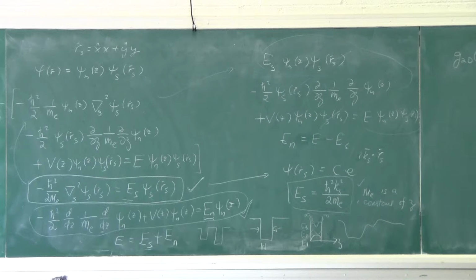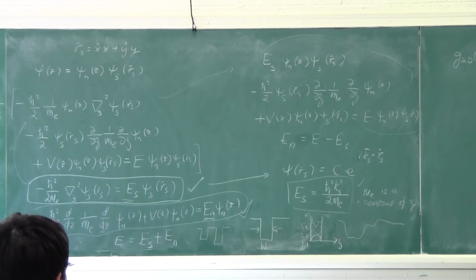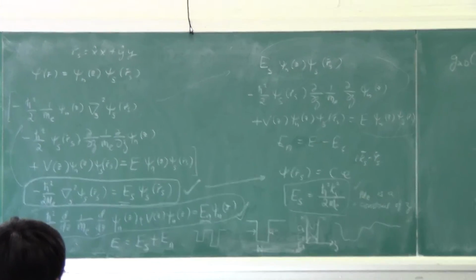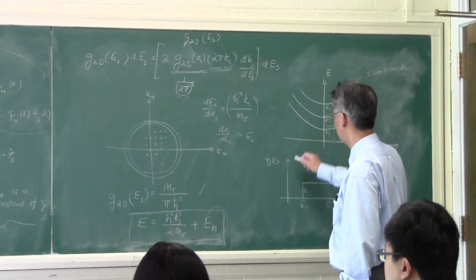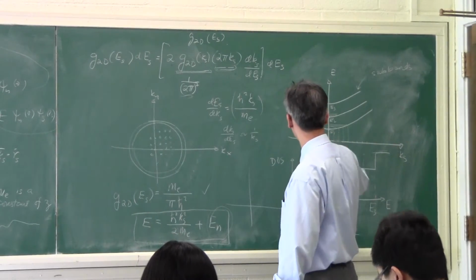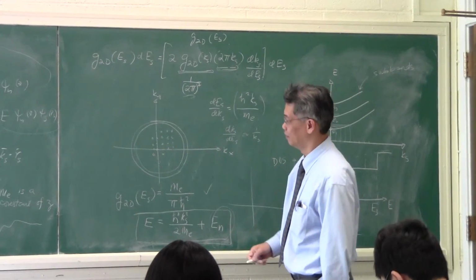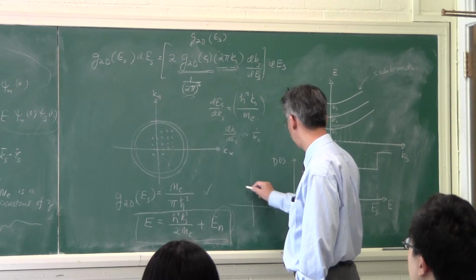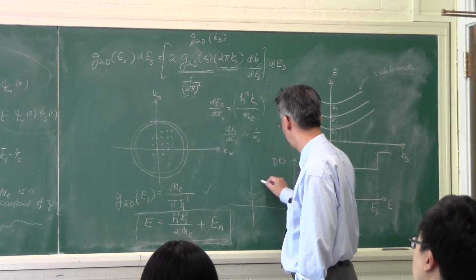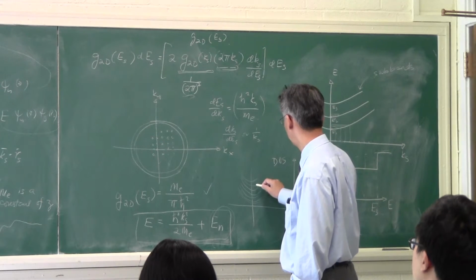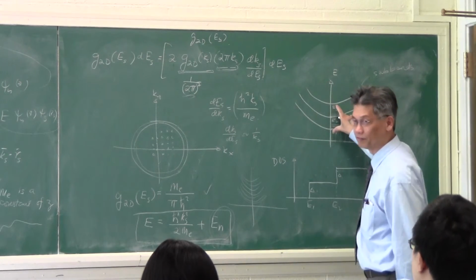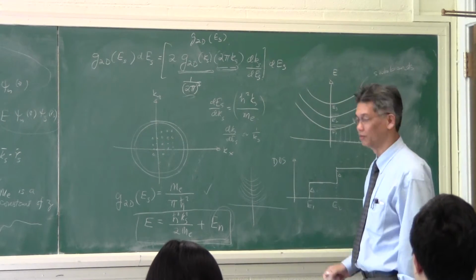So the subbands that you get also become more and more numerous. If I were to draw this picture for the case of a larger quantum wall, then you have subbands very close to each other. Instead of spacing far apart, these subbands will be very close to each other.